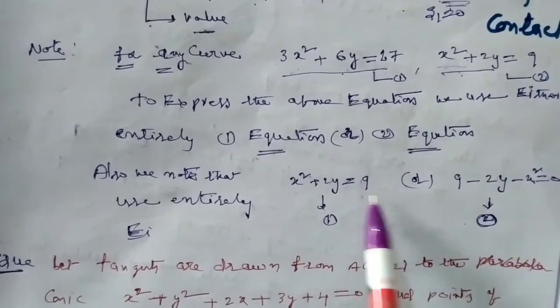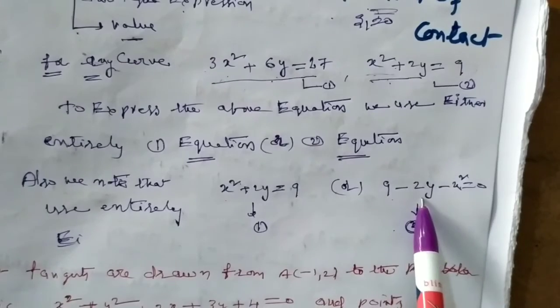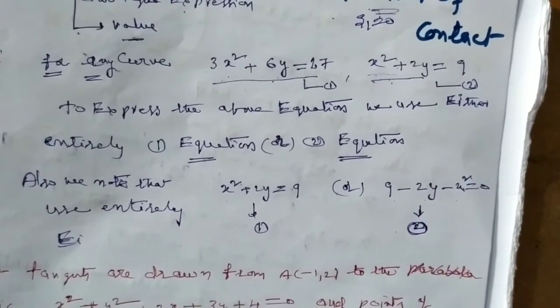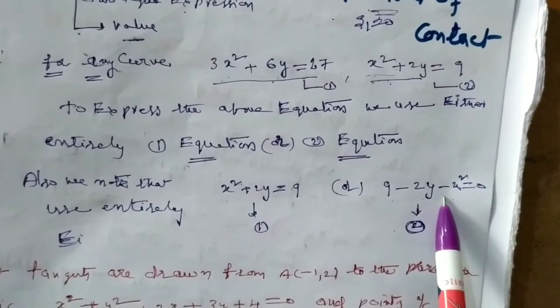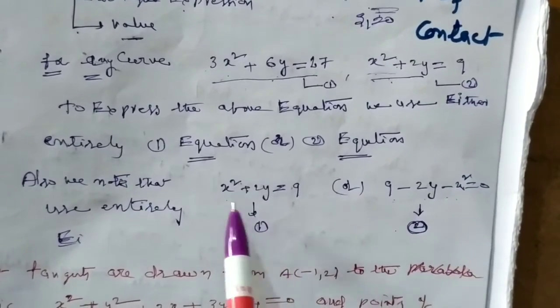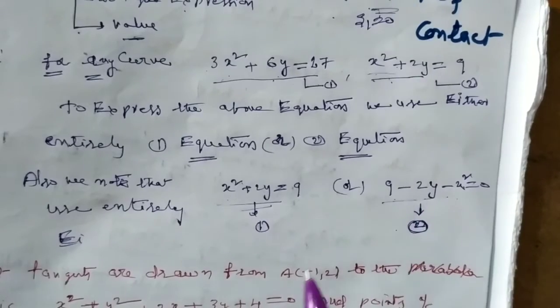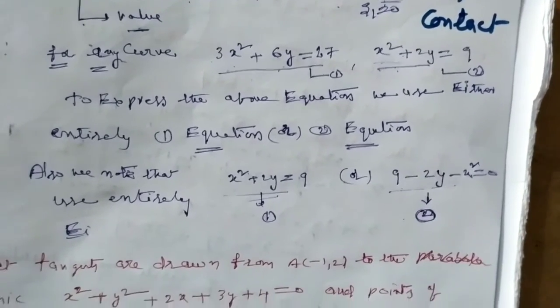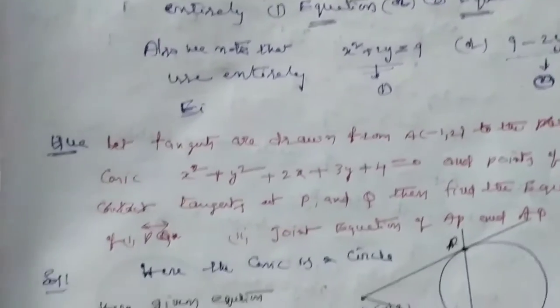In this way also you can write 9 minus 2y minus x square, by collecting all the terms to the right hand side. Here also we can use this equation or that equation for the entire calculation. That is an important thing.